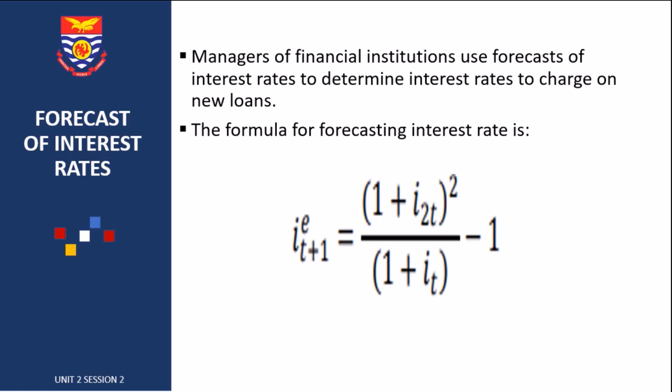You have 1 plus I subscript 2t, and I subscript 2t refers to today's interest rate on a 2-year treasury note, all squared, divided by 1 plus I subscript t, and I subscript t here is today's interest rate for 1-year treasury notes, minus 1. So to calculate the interest rate for a future 1-year treasury note, you take 1 plus today's interest rate on a 2-year treasury note, all squared, divided by 1 plus today's interest rate for a 1-year treasury bill, minus 1.